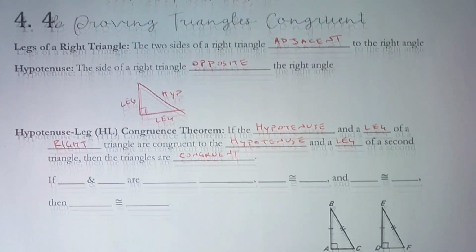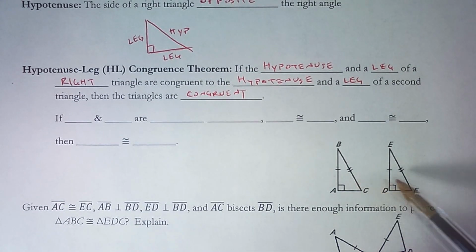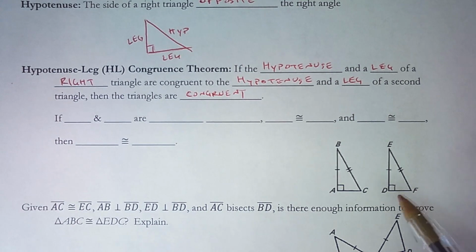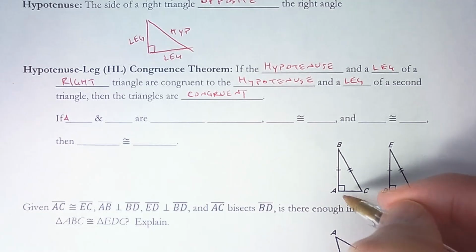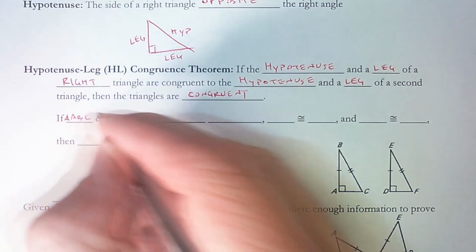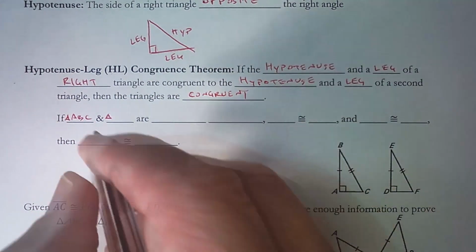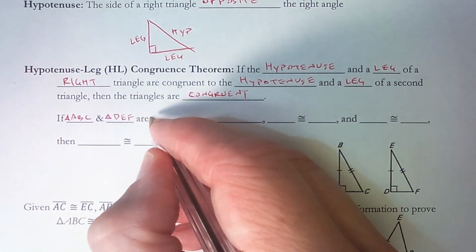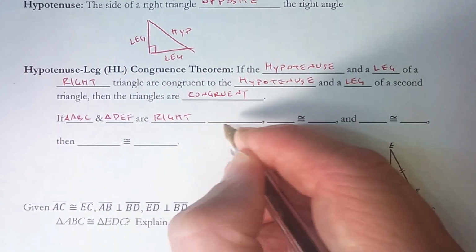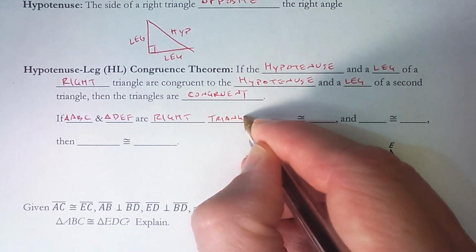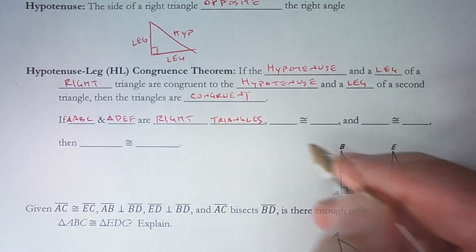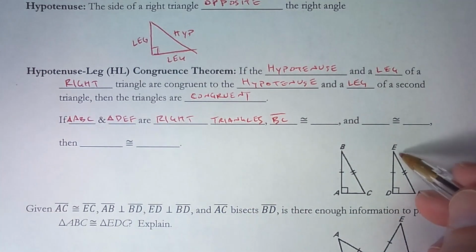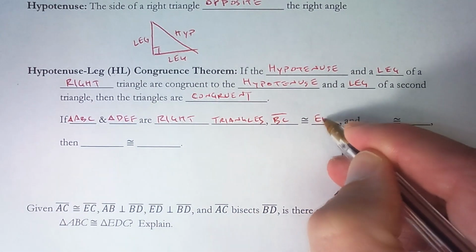Okay, so here's an example of two triangles where hypotenuse leg could be used. First of all, they are right triangles. So to start with, if triangle ABC and triangle DEF are right triangles, then in those right triangles, you've got a hypotenuse, BC, congruent to this hypotenuse, EF.